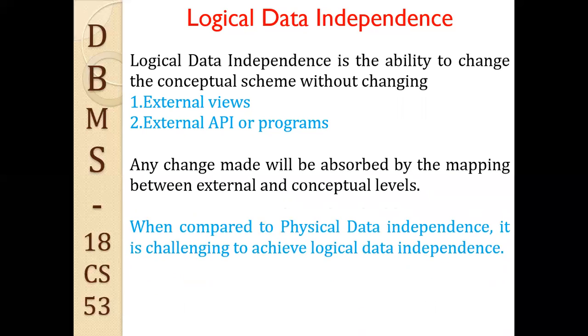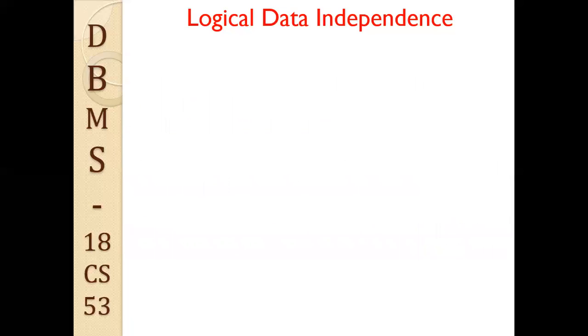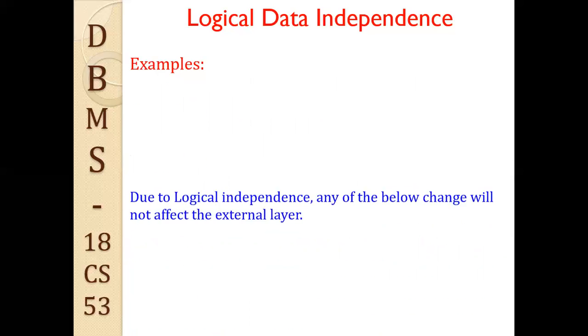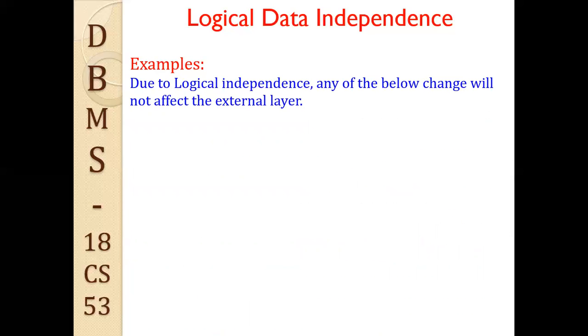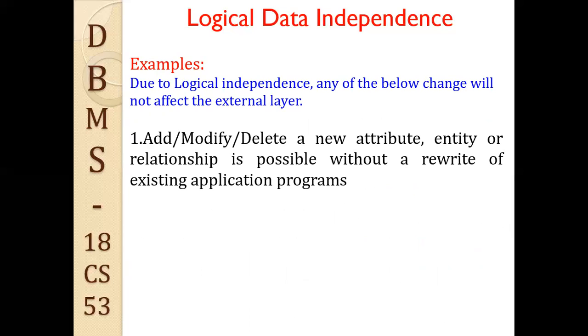If we compare physical data independence and logical data independence, logical data independence is a little more complex and challenging. We'll see some examples where it is applied. Due to logical data independence, any changes we make will not affect the external level.